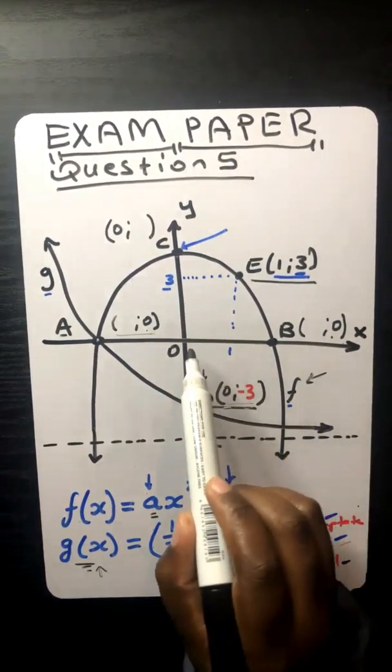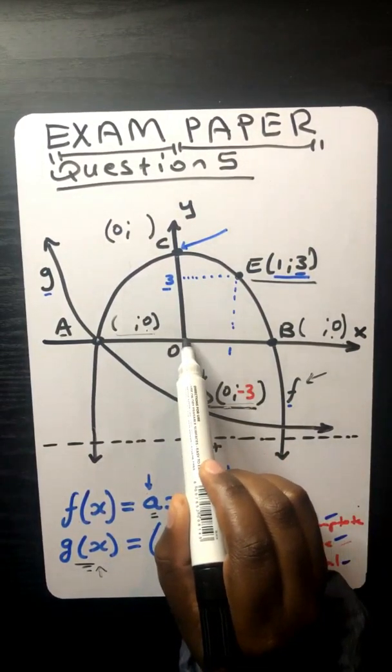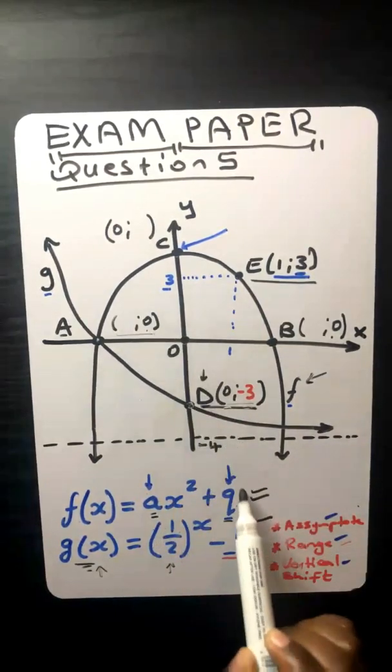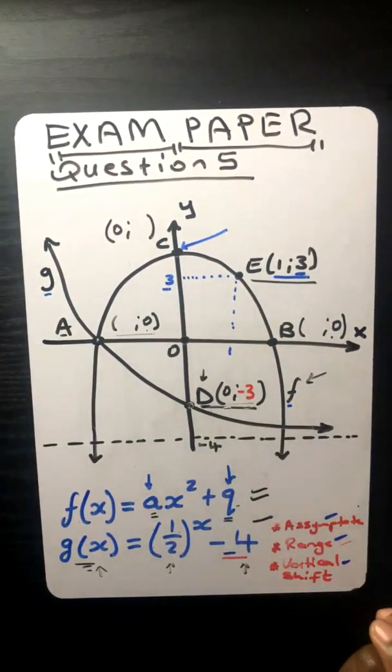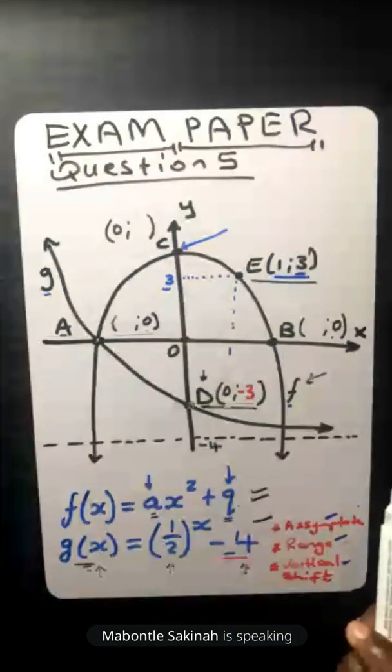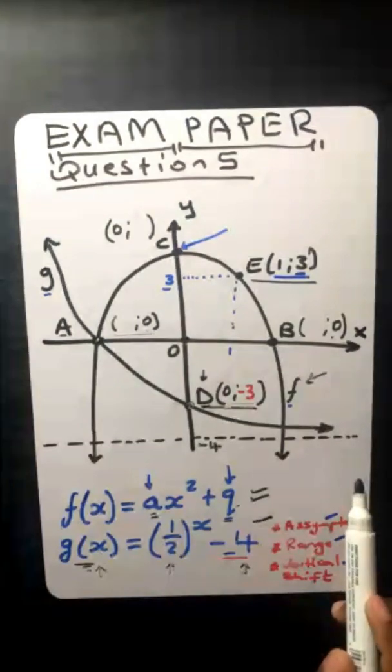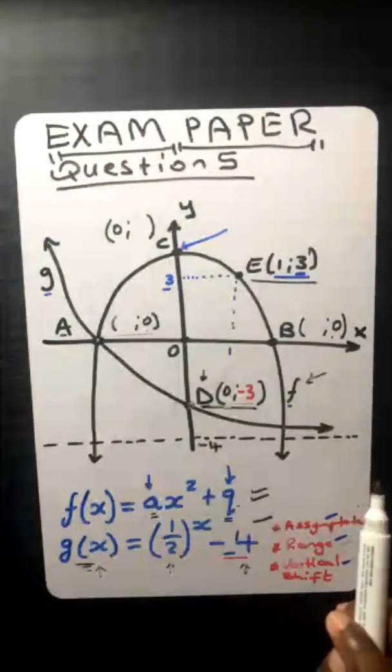So this function was actually making a U-turn at that point there. But because of this Q, it shifted. So do you think it shifted upwards or downwards? I think upwards.